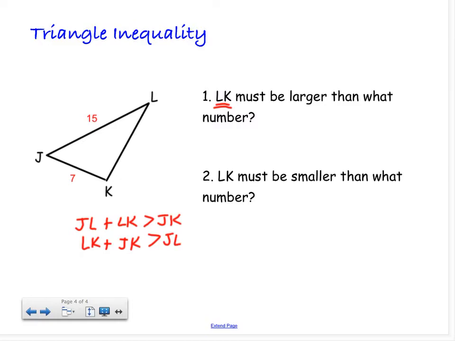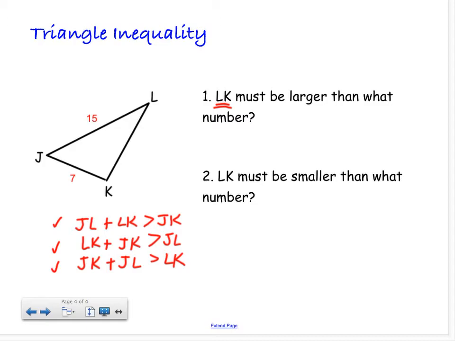And finally, JK plus JL is greater than LK. Look at what I've done. I've just listed combinations of the 3 sides. Okay, so 2 at a time. So we've got one here that includes 2 sides, JL and LK. I'm moving around the triangle. Now I'm going to say LK and JK. And finally, JK and JL.